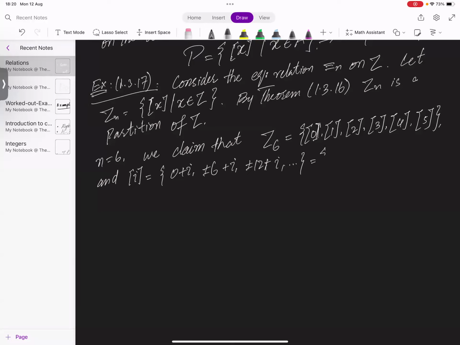This can be written as 6q plus i, such that q is an integer, for all i. That i is just an element inside Z.